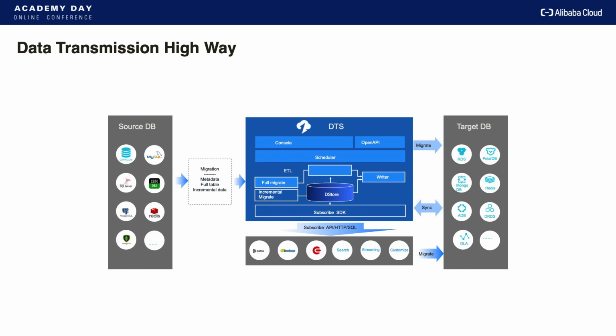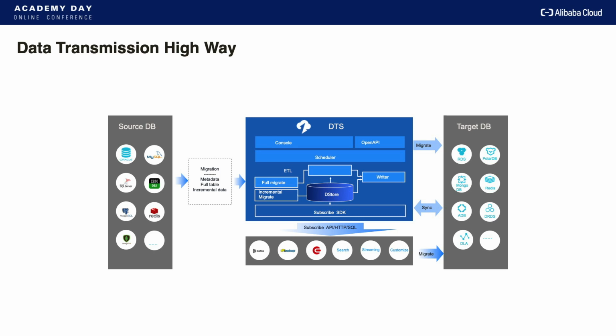And at the same time, when you migrate incremental data, before it hits the target, it will be temporarily stored in something called dstore, and this is effectively a broker service. Think of it like a Kafka broker. They work in a very similar manner. Once you have those incremental data available in the dstore, you have this subscription SDK connected to your dstore data.